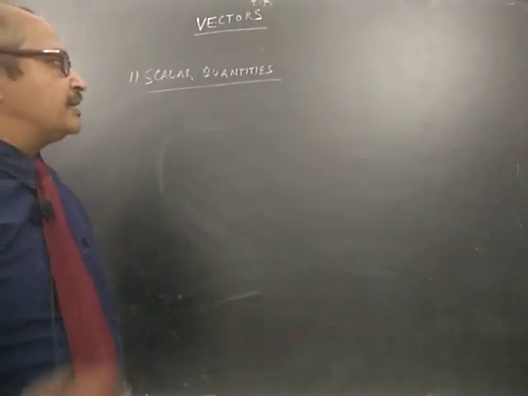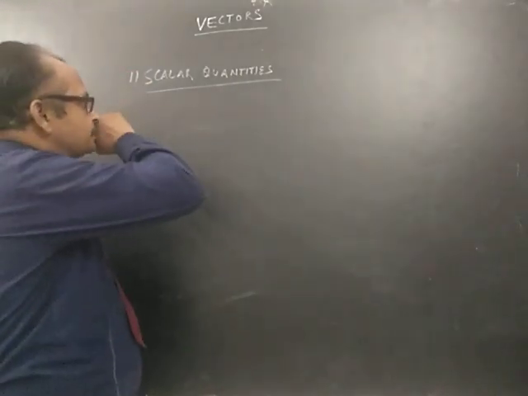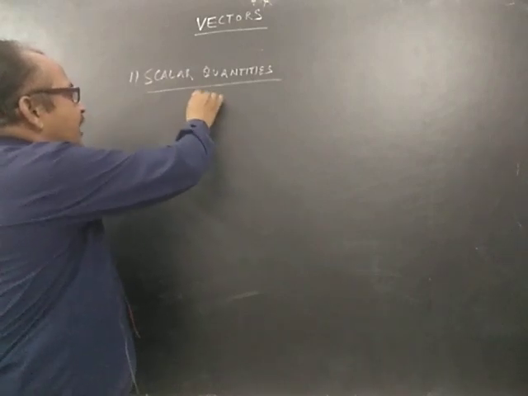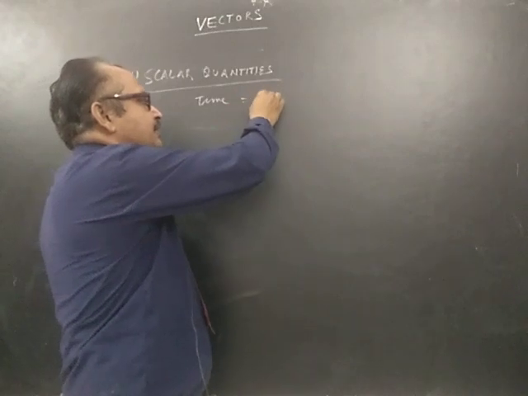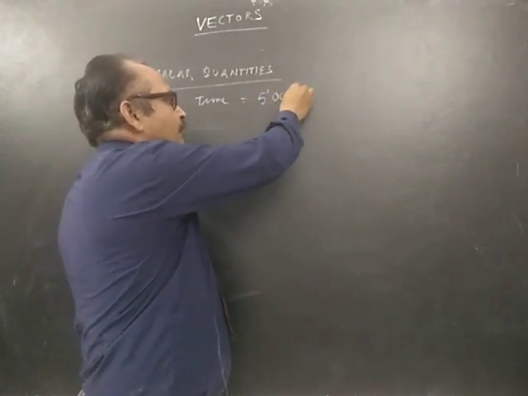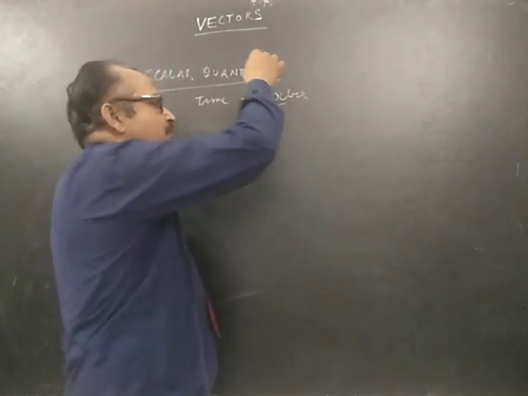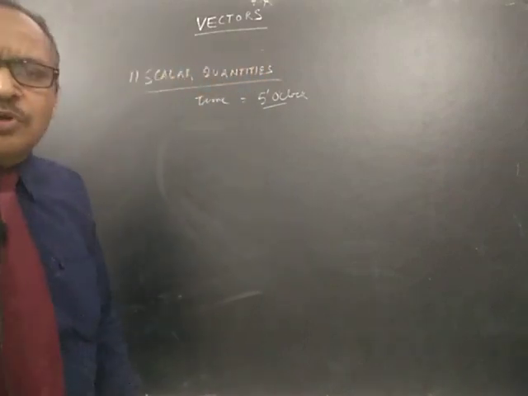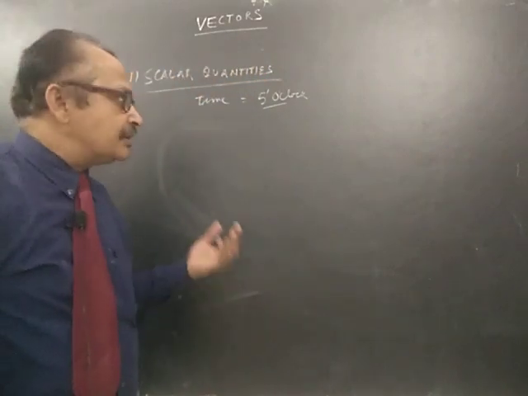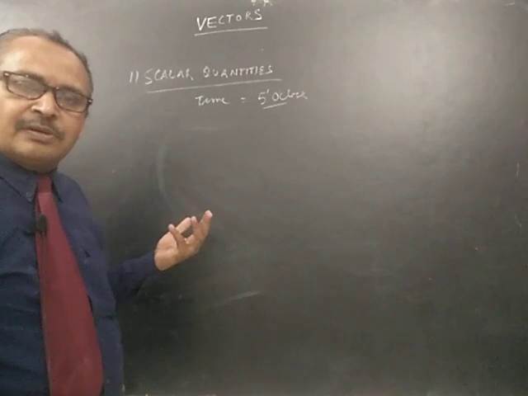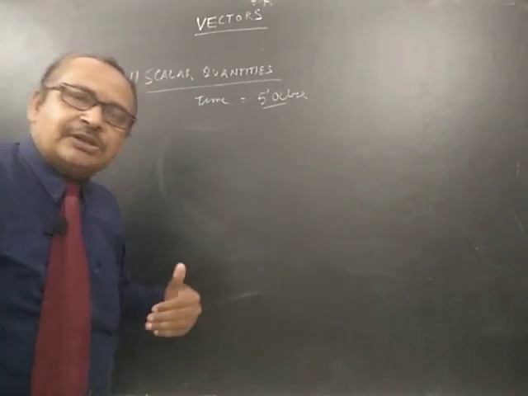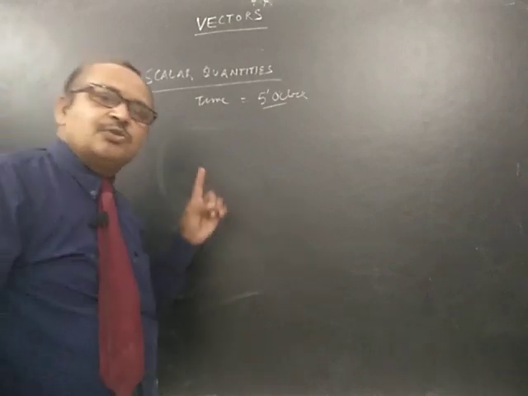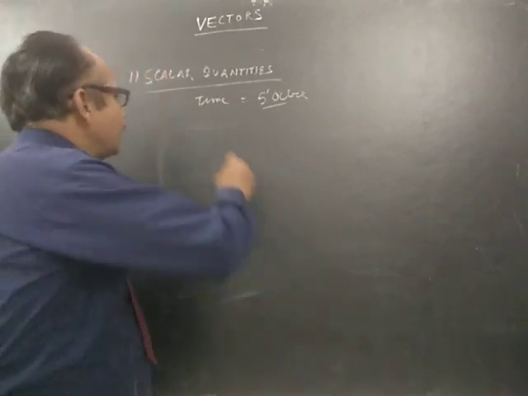For example, when I say the time is 5 o'clock, 5 o'clock is 5 o'clock. It is clear. 5 o'clock in the east or 5 o'clock in the west, there is no need of direction.